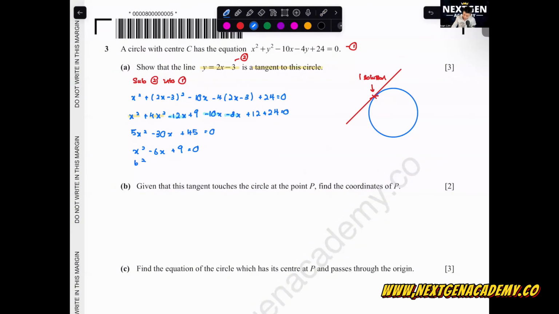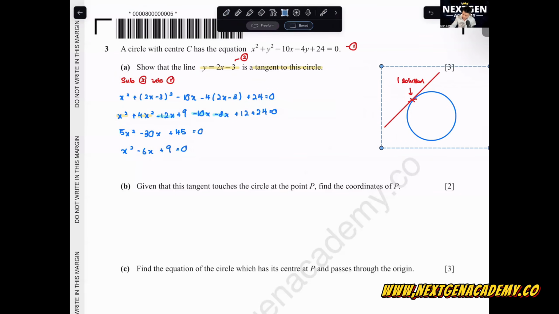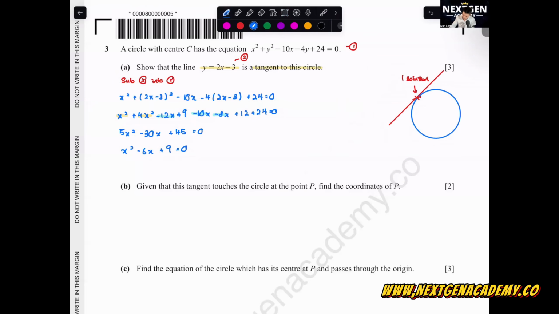From here, we are going to do b squared minus 4ac. Then we find the value: minus 6 squared minus 4 times 1 times 9. This will be 36 minus 36 equals 0.